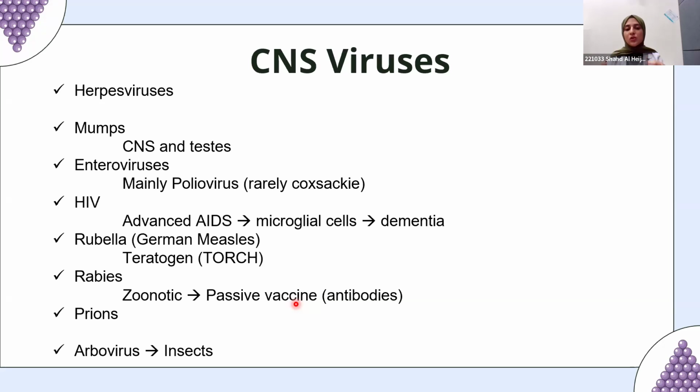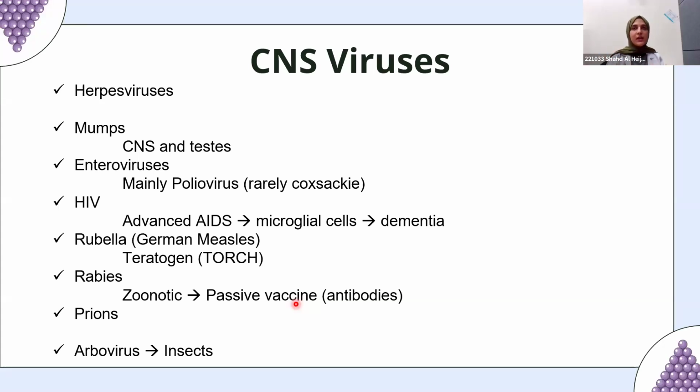Because usually in live vaccines, in active vaccines, you give them the causative agent and you let the body do its thing. So you let the body activate the immune system, release the antibodies, and so on. And then it will make memory cells. So later on, when you get the infection, you have memory cells and you're fighting the infection. Meanwhile, in passive vaccines, you give them directed antibodies. So you give them the antibodies to attack the infection right now.